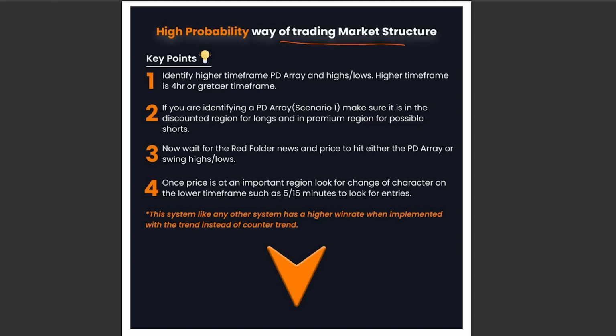So I have highlighted a 4-step procedure to trade market structure in a high probability way. First of all, identify the higher time frame PD array, such as on the daily or the 4-hourly chart. Secondly, after identifying the higher time frame PD array, identify which scenario it would be, 1 or 2.